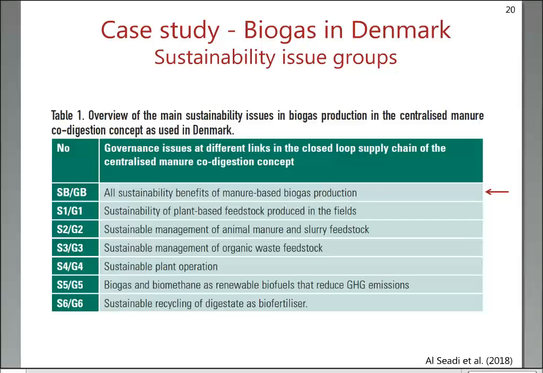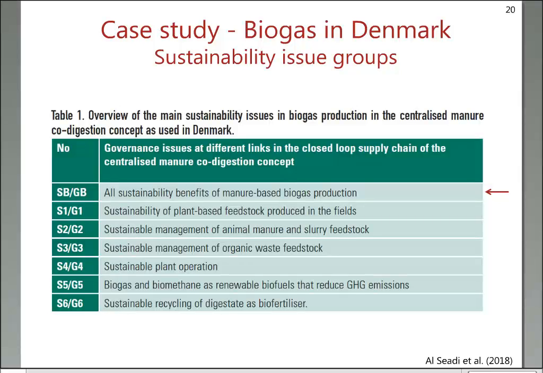They were identified groups of sustainability issues or governance that were dealt with at different places in the supply chain. So you can see these here. SG1, sustainability of plant-based feedstock produced in the field. Then something about the animal slurry, manure and slurry feedstock, how that is treated.